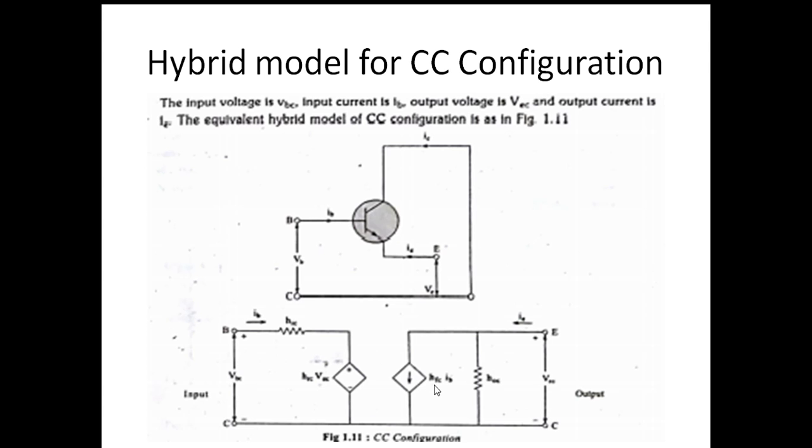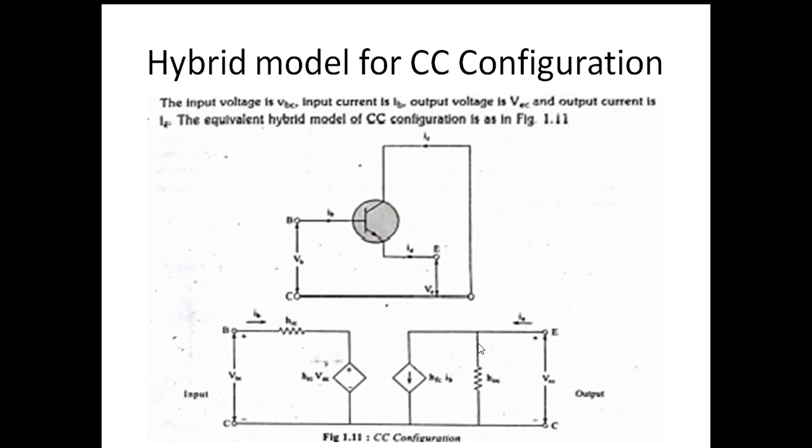So, HFC IB must be a current source. This is a dependent current source. It depends on the input current IB. HFC is the forward current gain, with IB the input current. This must be downward because the current is flowing like this. Therefore, this is one current, which is a current source.